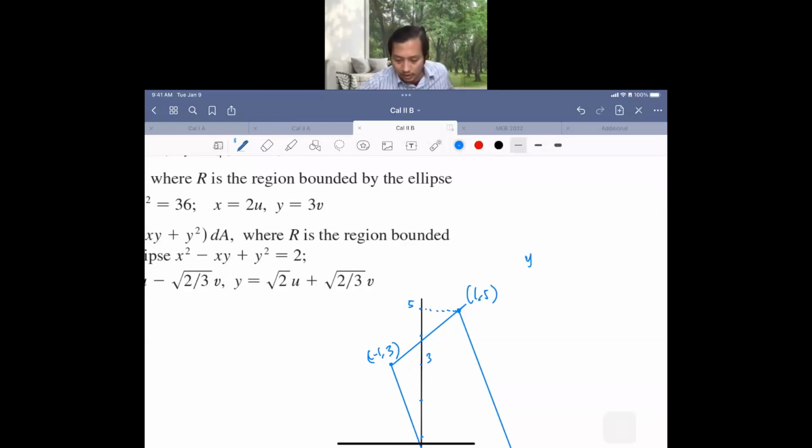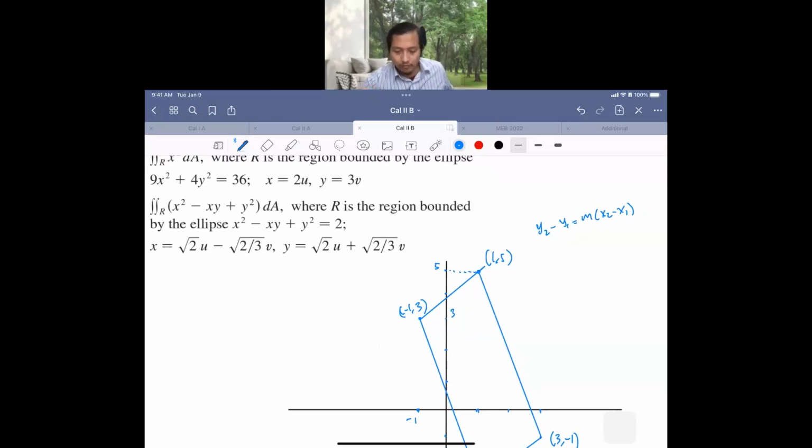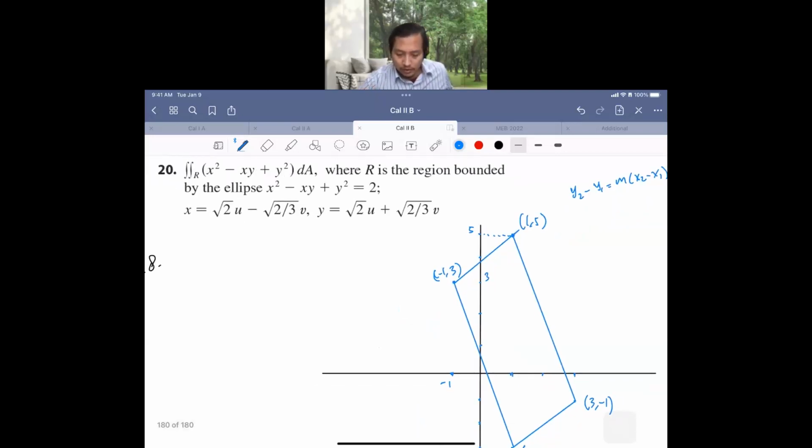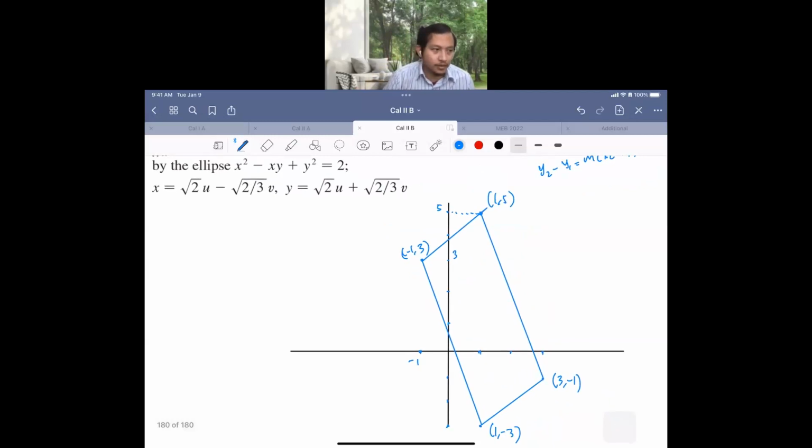So we could take all the lines, and I think we could just take the 4 lines.